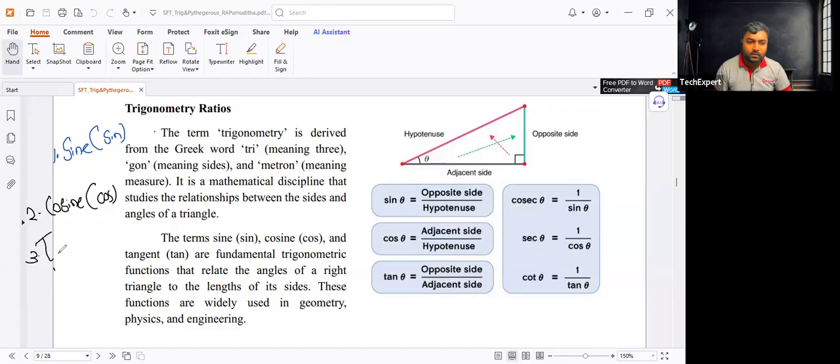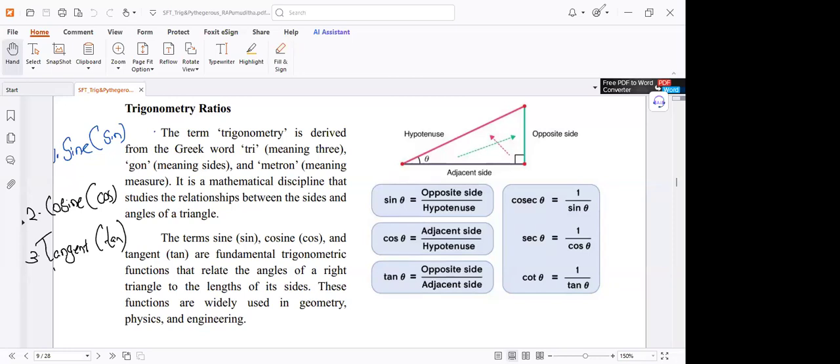Third one is tangent, that is tan. Sine, cosine, tan. Finish.